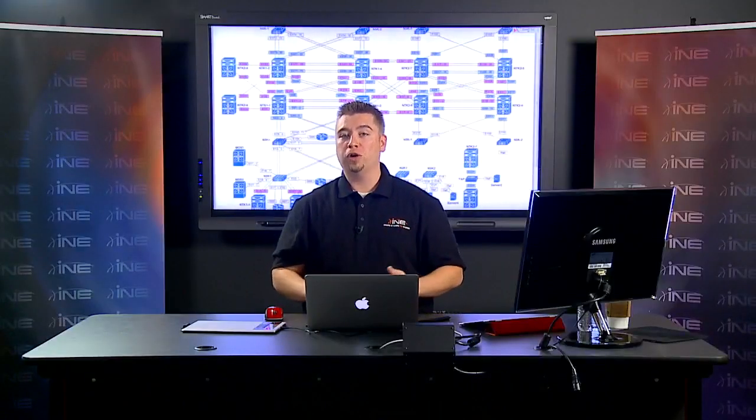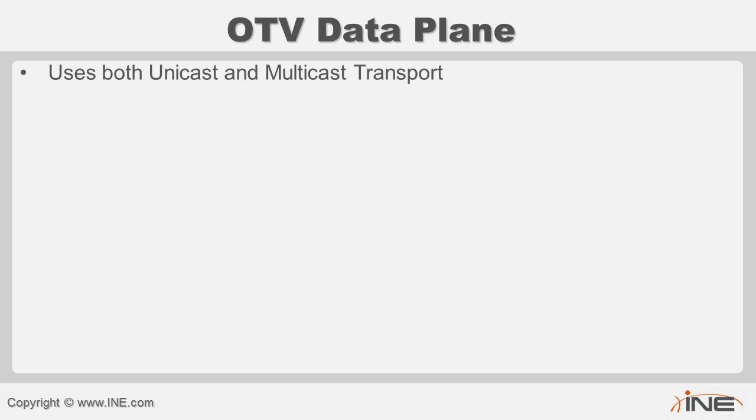The next portion, of course, is going to be the data plane. Once we figure out who the edge devices in the network are and what MAC addresses they're using, how do we actually forward the traffic between the sites? The key here is that we're going to be using both multicast and unicast for transport, and I'm talking about IP version 4 as the transport.